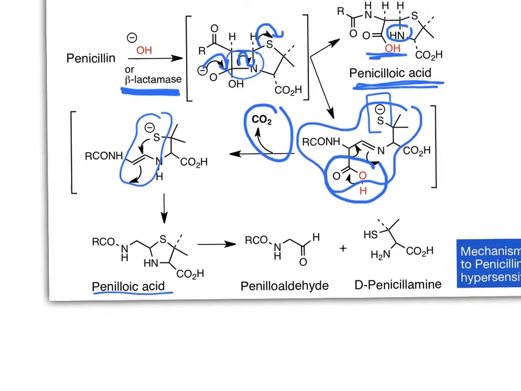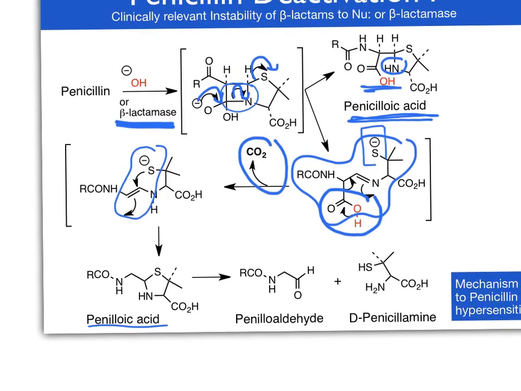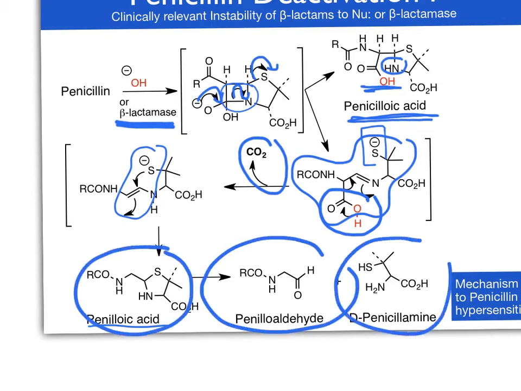So if you see all these byproducts, penicillic acid, penicillyl aldehyde, and penicillamine, these are no longer active. These are no longer active substrate. They no longer have any effects on the bacteria. So this mechanism is very important.